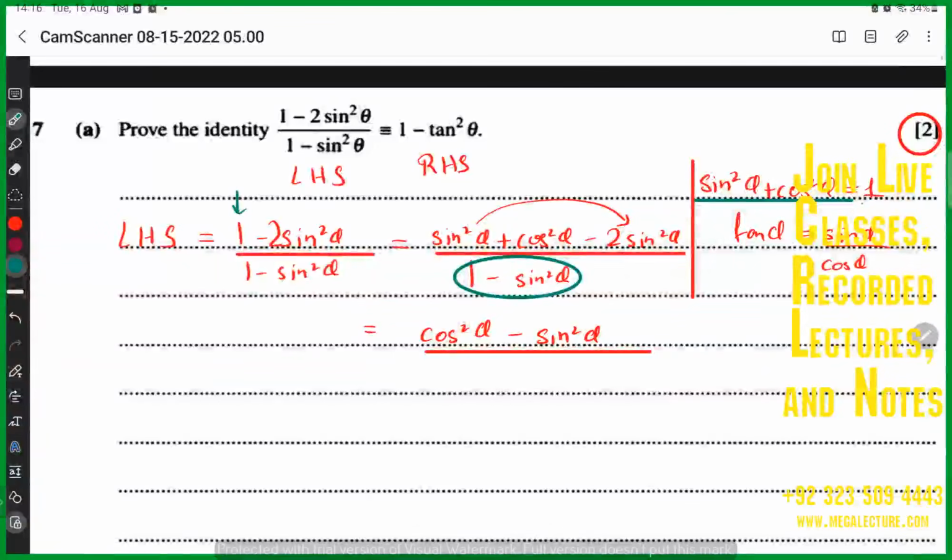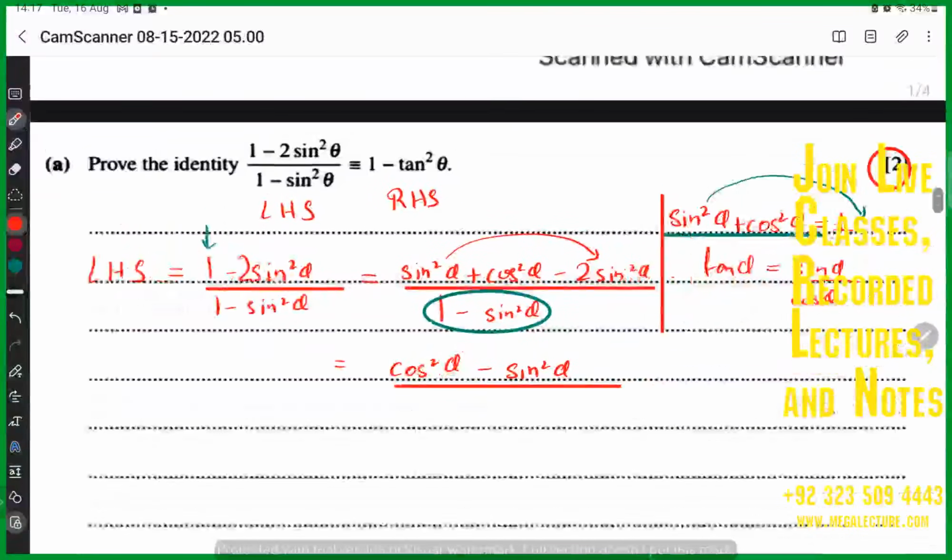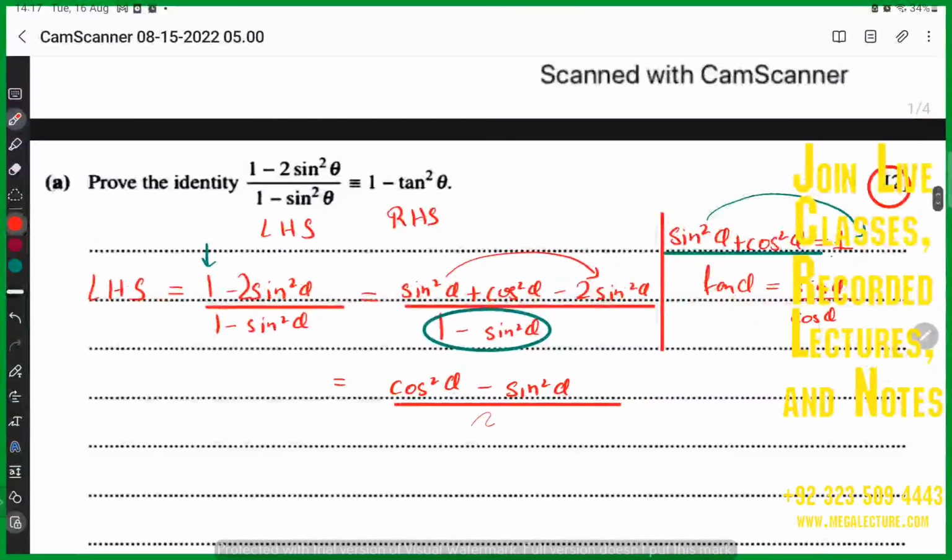Can I not take the sine square theta on the other side and get 1 minus sine square theta? Because when I do so, I would be left with cos square theta, right? So 1 minus sine square theta is basically cos square theta. Any confusion till this? We are almost done.